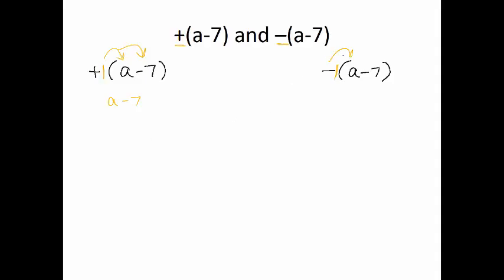But what happens when you distribute out a negative one? You're going to get negative 1 times a, which is negative a, and negative 1 times negative 7, which is positive 7. So if you have a negative sign outside of the parentheses like this, it's going to change the sign of the numbers inside the parentheses. If there's no number with it, just put a 1 in there and you can distribute it out.